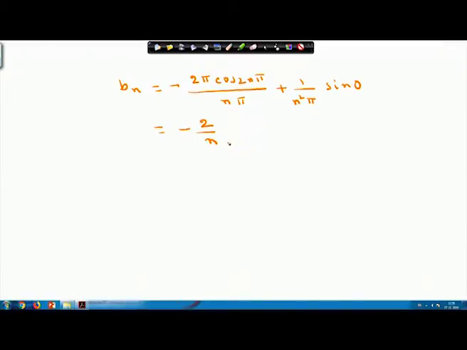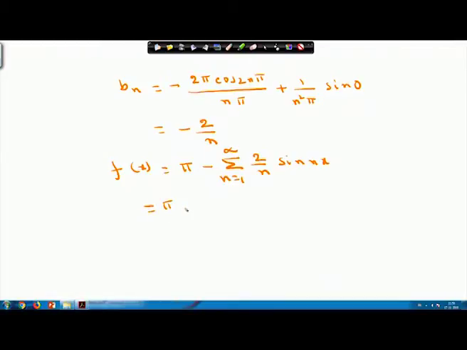So, you will obtain b n equals minus 2 by n. So, I can write down f(x) equals pi, because your a naught was 2 pi, so a naught by 2 is pi, minus summation n equals 1 to infinity of 2 by n into sin n x.